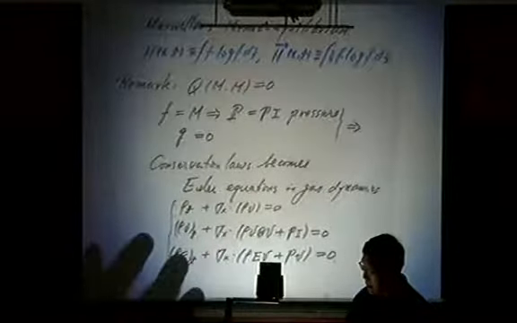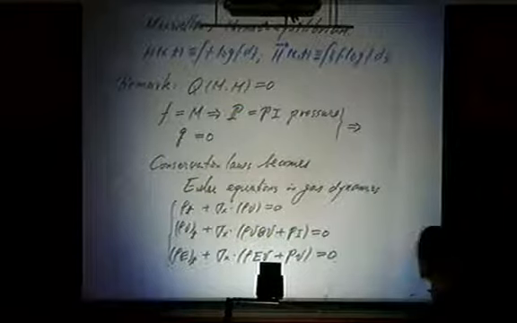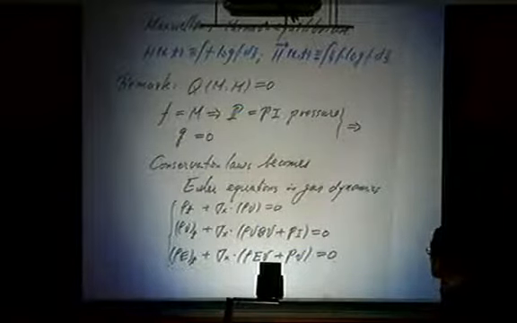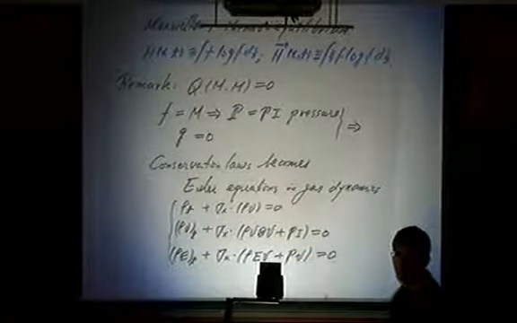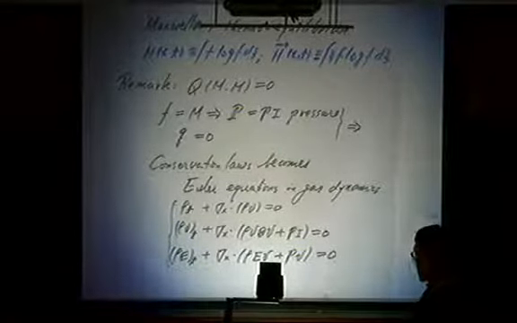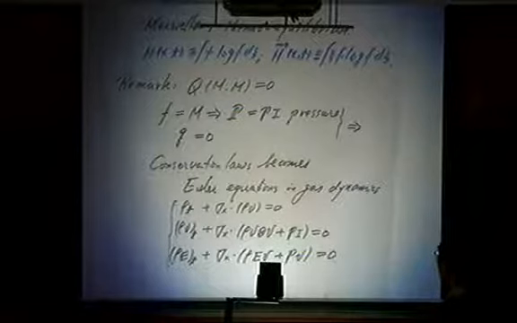And the collision operator is 0 when f is Maxwellian. So therefore, we will say that Maxwellians are the critical points of the Boltzmann equation. They are the only constant solutions of the Boltzmann equation.